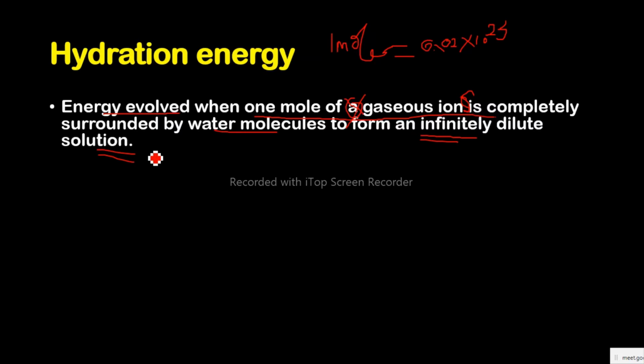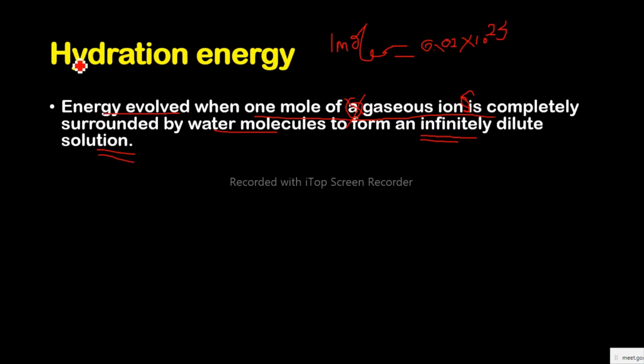I don't know if you have ever heard of that term, but it is correct. So if water is in large excess, that means the solution is really diluted and all the ions have been fully surrounded by water molecules. And so that enthalpy change, that energy change which occurs, is what we refer to as hydration energy.